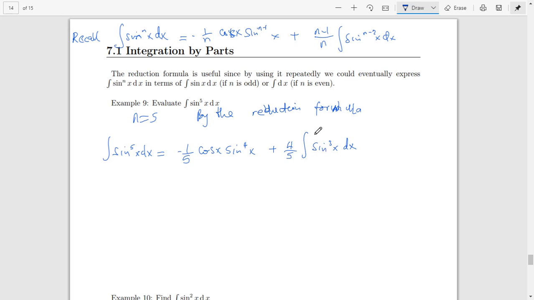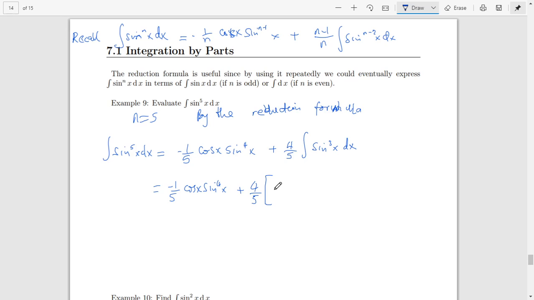I'll apply that formula again here, sine cubed for n equal to 3. If I do that, I'll get minus 1 over 5 cosine of x sine to the 4th of x, plus I'll have 4 over 5 outside, and then I apply that formula again here.